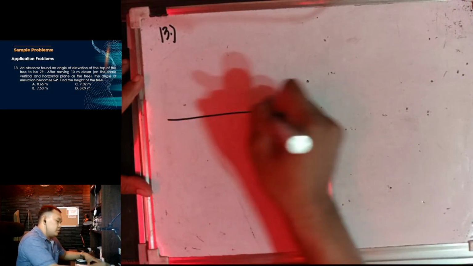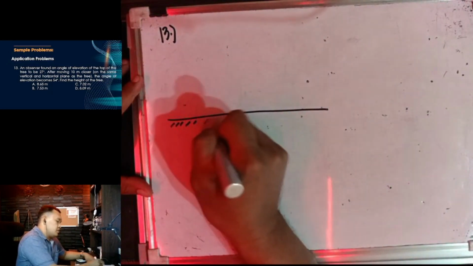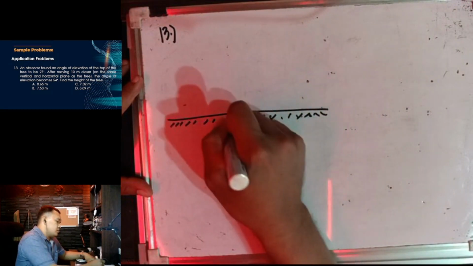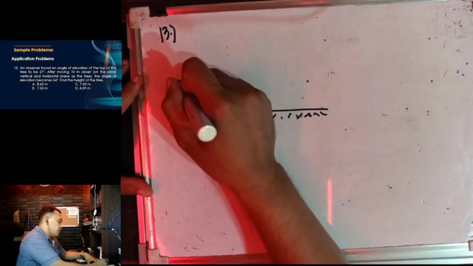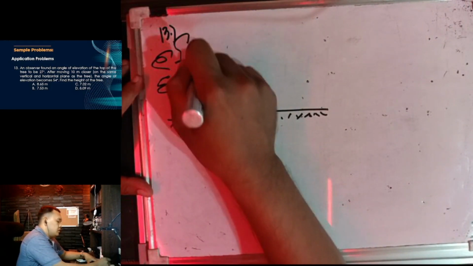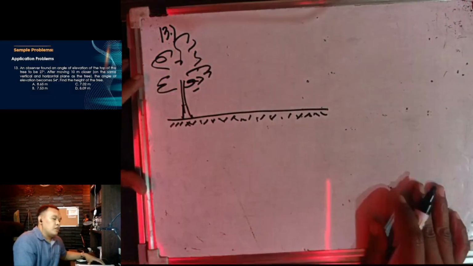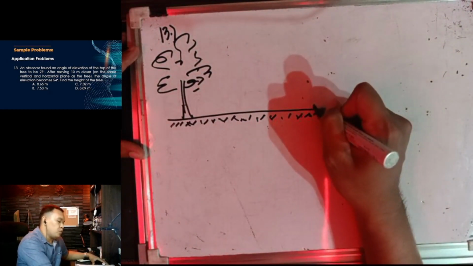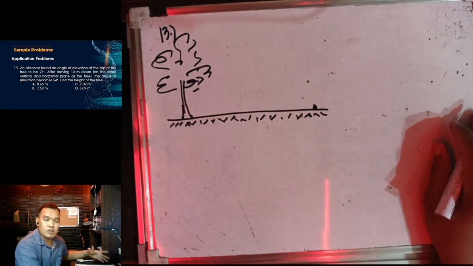Okay, it says we have a tree. Then we have the tree here. Then, from the observer, the first position formed a 27 degrees angle of elevation, no?